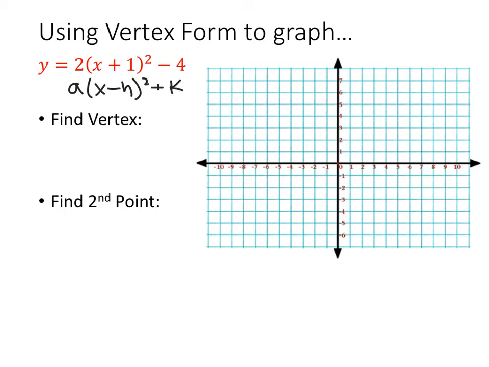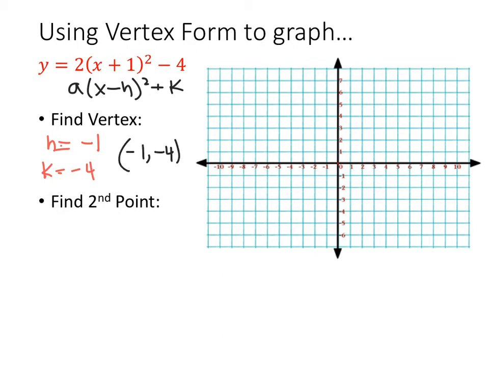And so what this means is that h in this situation, since it's x plus 1, is going to be negative 1, because the only way that I could set that up to make that work is to use the x minus h, is to make sure that h is negative 1. Now here, k is equal to negative 4. Now that one's going to be exactly what it looks like. It's supposed to be plus k, but it's minus 4, so our k is negative 4. So that means our vertex is negative 1, comma negative 4.